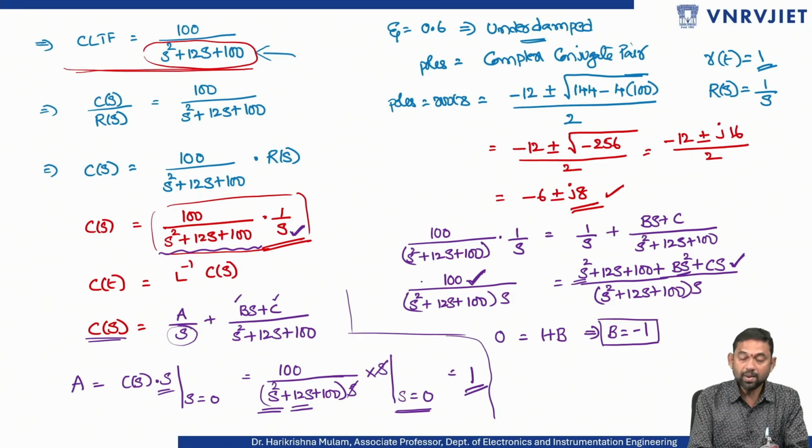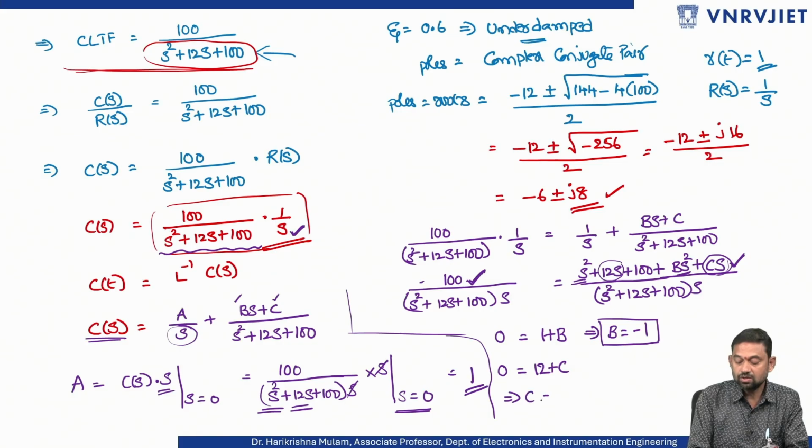Similarly, compare the coefficient of s power 1 on left hand side with the coefficient of s power 1 on right hand side. There is no s power 1 term on the left hand side, therefore its coefficient is 0, is equal to the coefficient of s power 1 on right hand side, which is 12s plus cs, therefore it is 12 plus c.